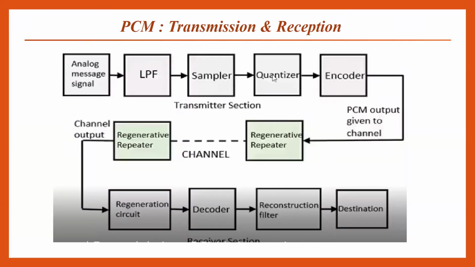These sample values are continuous in nature, so they can have an infinite range, a very large range of sampled amplitude. So we will limit that amplitude and provide a fixed amplitude signal. For example, 1.9 volt will be set to 2 volt, the nearest quantizer level we have set.